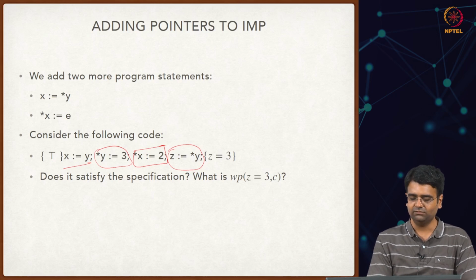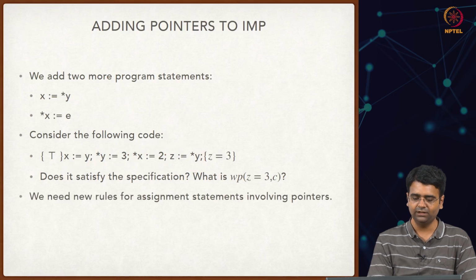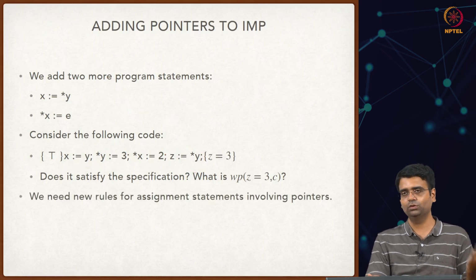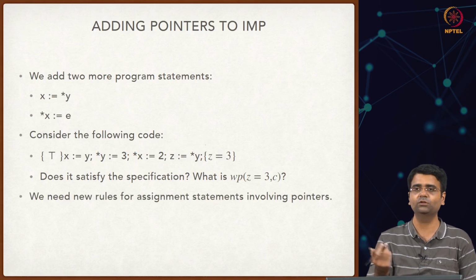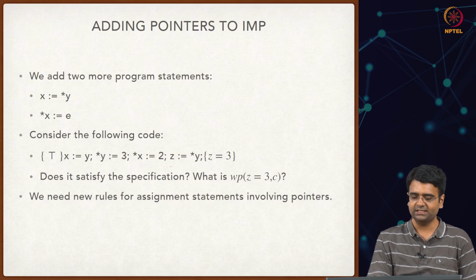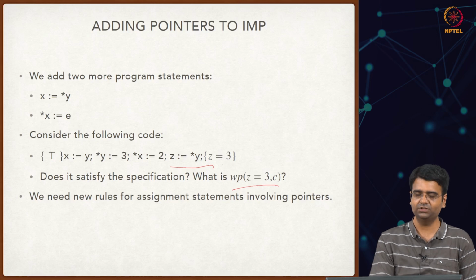But the issue is that if we were to use our existing rules, we will not be able to say that this program is incorrect. Remember what our existing rules do. For assignment statements, the weakest precondition works by substitution. So z equal to 3 will be propagated backwards through the program.